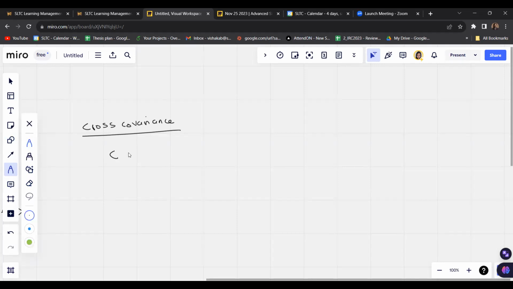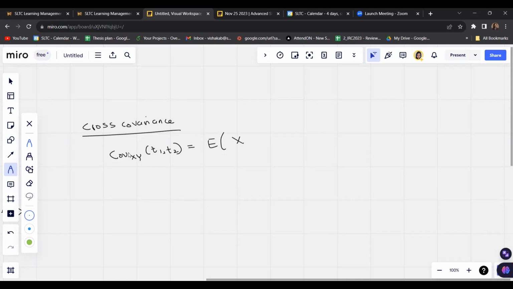Basically COV. If I am going to take the covariance between x and y signals at time instances t1 and t2, I will denote it as COV xy t1 t2. Then it can be defined using expectation operations like this.